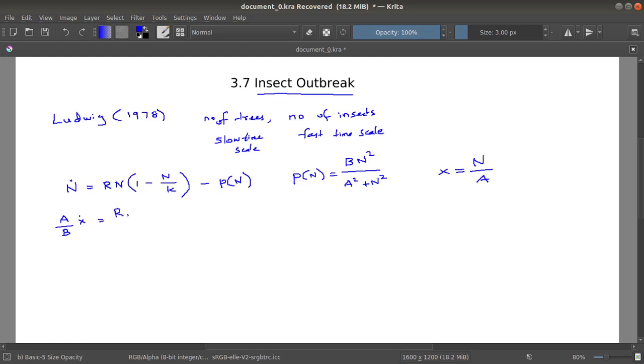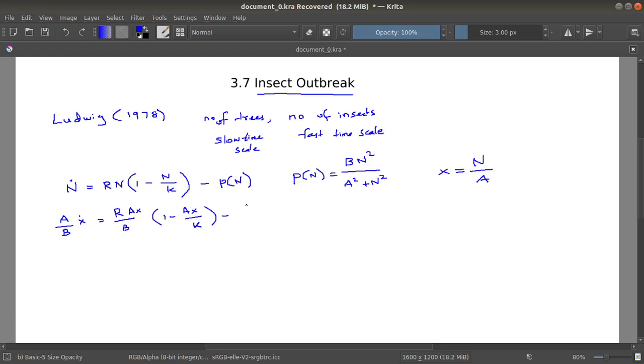r A x by b into 1 minus A x, wherever I see n, I will put A x, by k, minus, okay, this term.